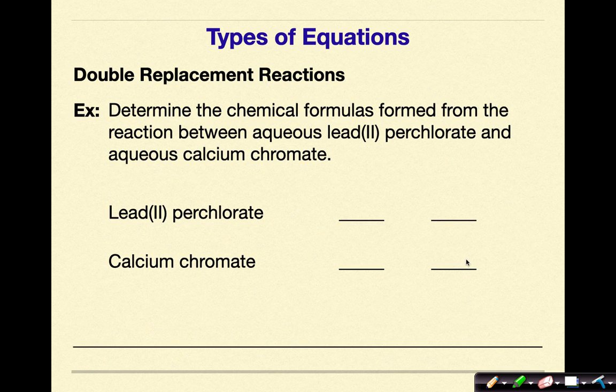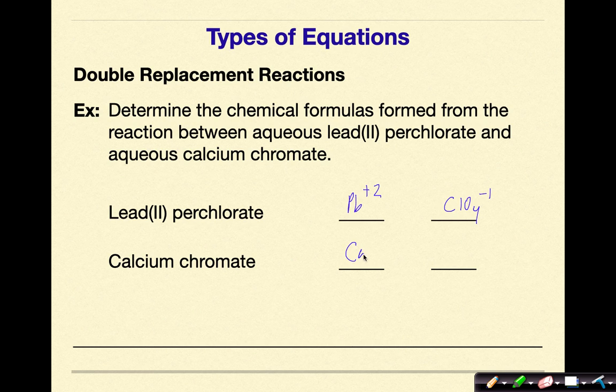Let's look at another example of a double replacement reaction. Determine the chemical formulas formed from the reactions between aqueous lead-2 perchlorate and aqueous calcium chromate. First off, let's write the ions involved in the two reactant compound species. We have lead plus 2, and we have perchlorate, ClO4 minus 1.